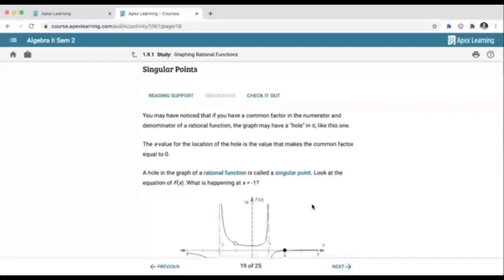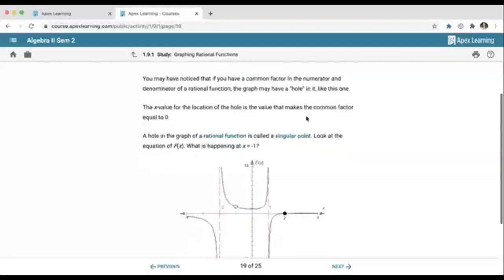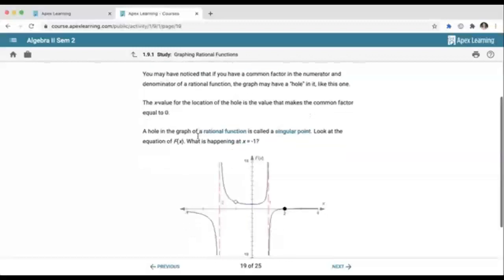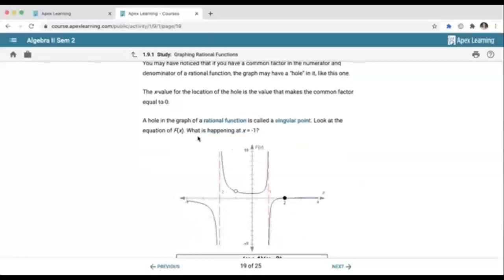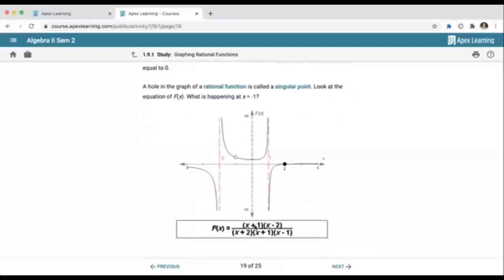So this is what we were talking about a couple slides ago, this thing where it says a hole or an open point. Because what we're going to notice here is that at this value of x equals -1, that would make our numerator 0.